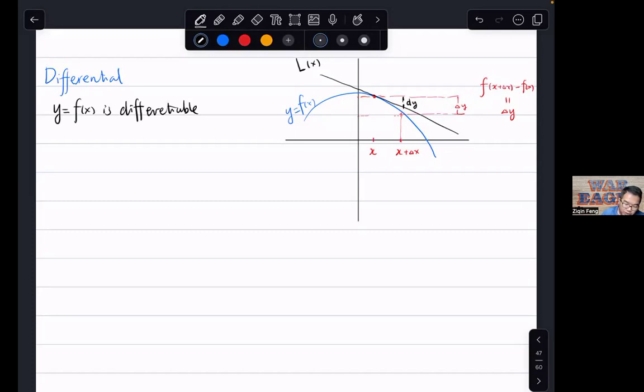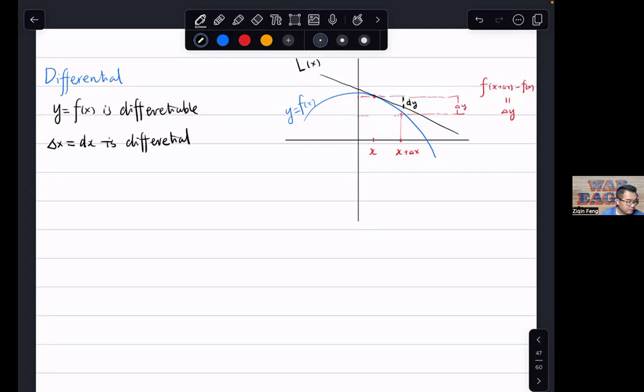So our change of x, we call that delta x. Another notation for that is dx. So this is the differential of x, the differential of the independent variable.